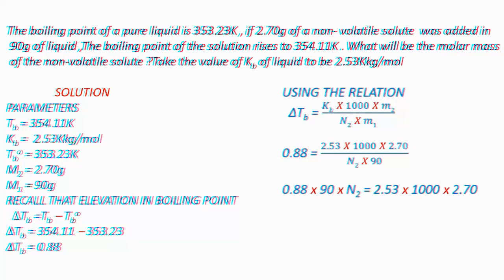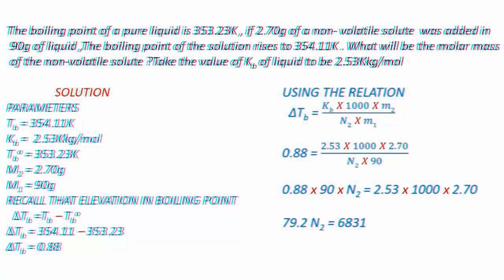When you multiply 0.88 times 90, it will give you 79.2 N2 equals, when you multiply 2.53 times 1000 times 2.70, 6831. Now let's divide both sides by 79.2.